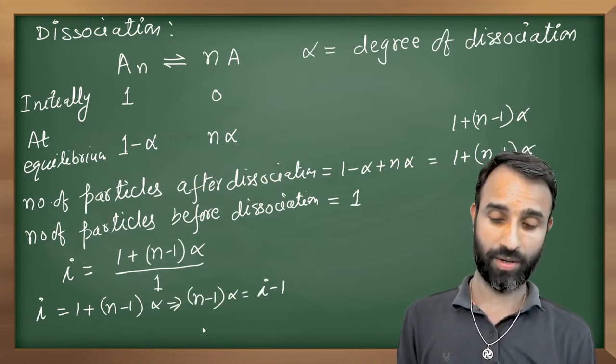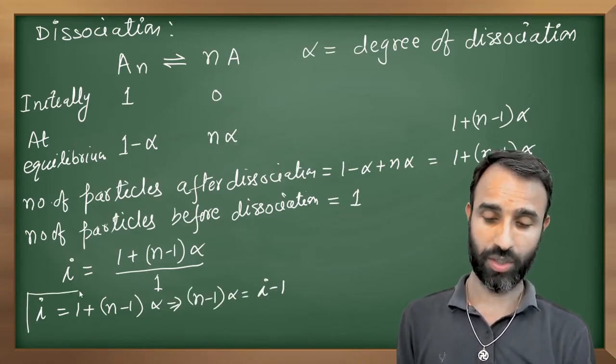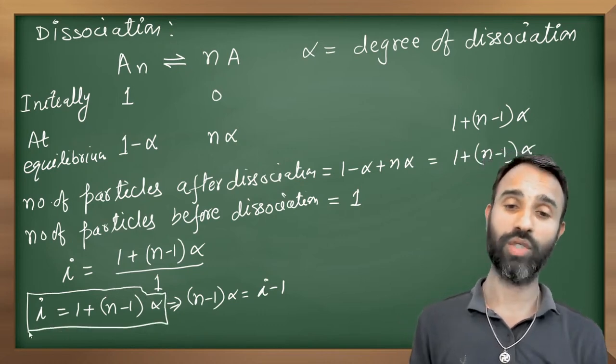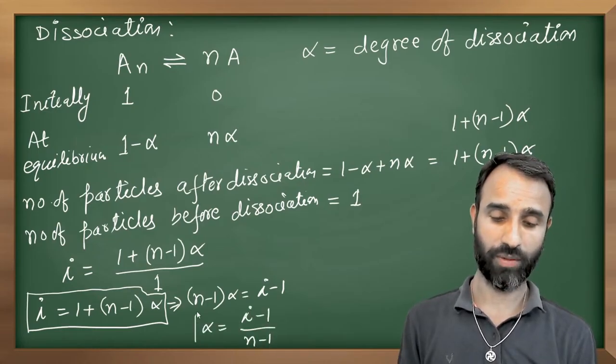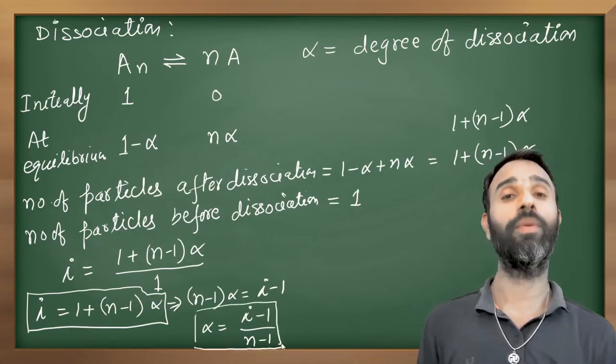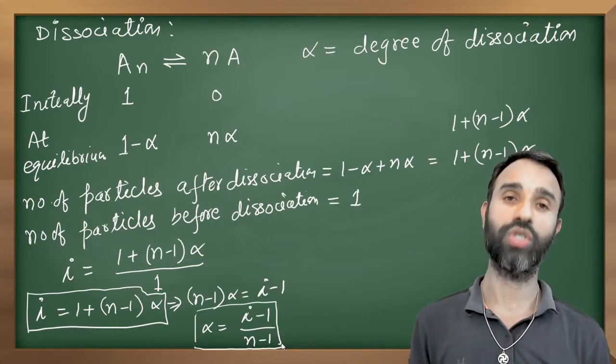So this is the value of i, that is 1 plus (n minus 1) alpha, and alpha is equal to (i minus 1) over (n minus 1). These are the two equations that you should keep in mind for dissociation.